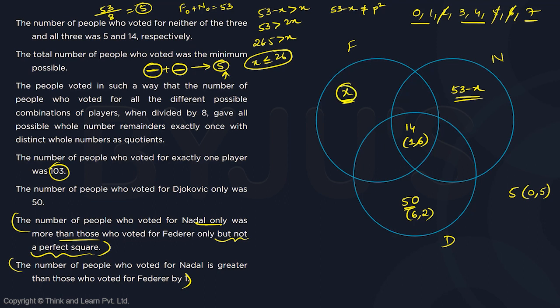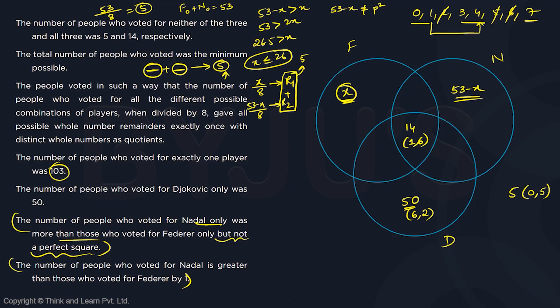So x when divided by 8 should give you a remainder r1, and 53 minus x by 8 should give you a remainder r2. These should be in such a way that r1 plus r2 when added up should be equal to 5. Now let's take a look at the left out remainders. Which remainders are there such that the total adds up to 5?